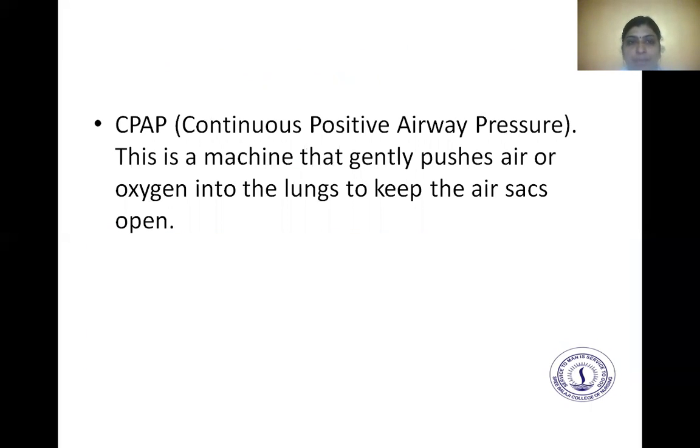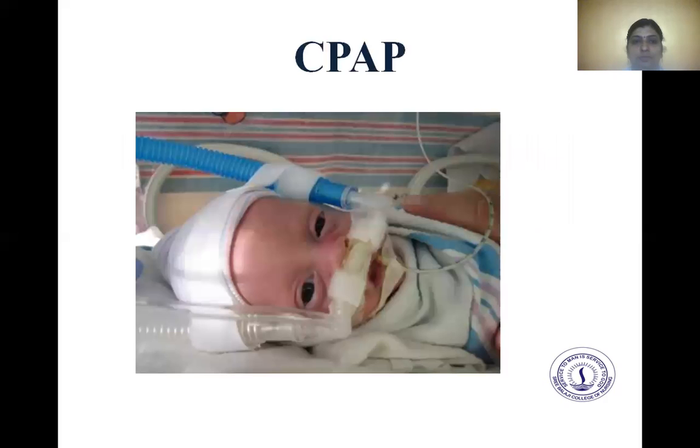Next is CPAP, continuous positive airway pressure. In the case of moderate distress syndrome babies, oxygen can be delivered through CPAP. This is a machine that gently pushes air or oxygen into the lungs to keep the air sacs open. It's the picture of a baby with CPAP.